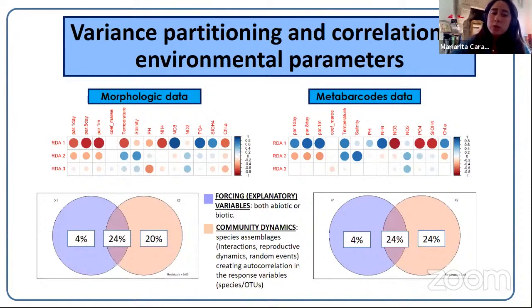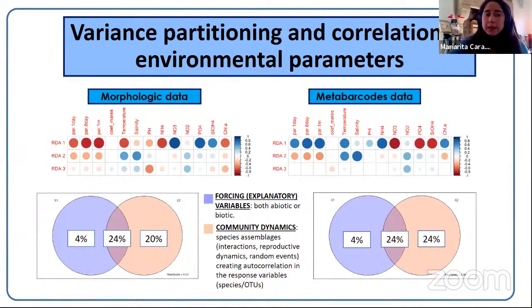We also calculated the variance partitioning between our explanatory variables, so our environmental parameters in this case, and the dbMEM that represent the community dynamics. I'm going to explain soon exactly what those community dynamics are.